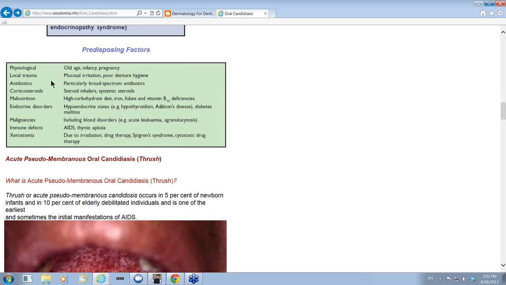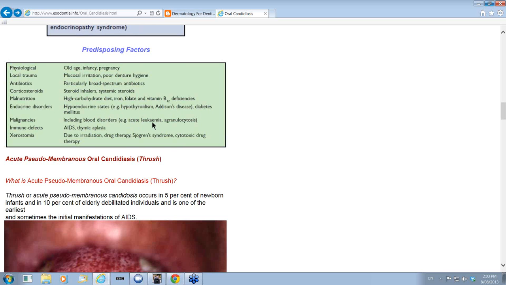Some predisposing factors with candida. We've talked about the steroids. We've talked about the antibiotics. Age, infancy: they tend to get it as well before their immune system's fully developed. Endocrine disorders, diabetes certainly, hypothyroidism, perhaps Addison's disease, malignancies.